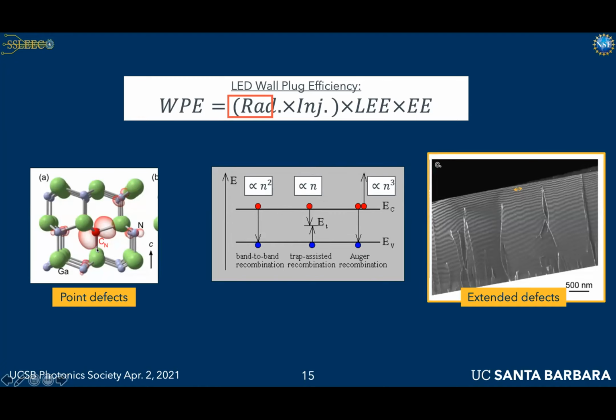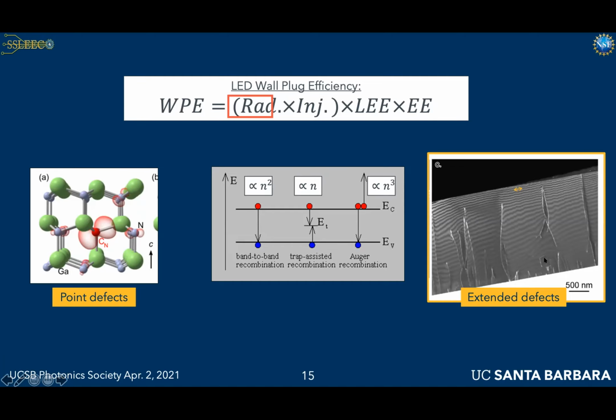Point defects are important, but a more interesting question is the question of extended defects, because those tend to exist in very high densities in aluminum nitride. This is a TEM image where you can see these threading dislocations starting at the bottom. Down here is the substrate interface, and this is the surface of the film at the top.